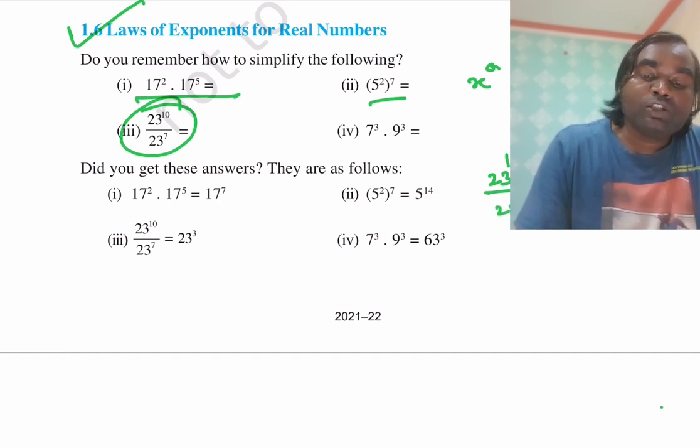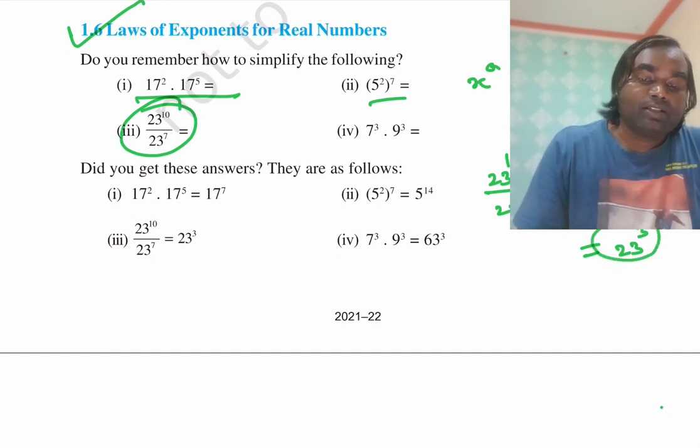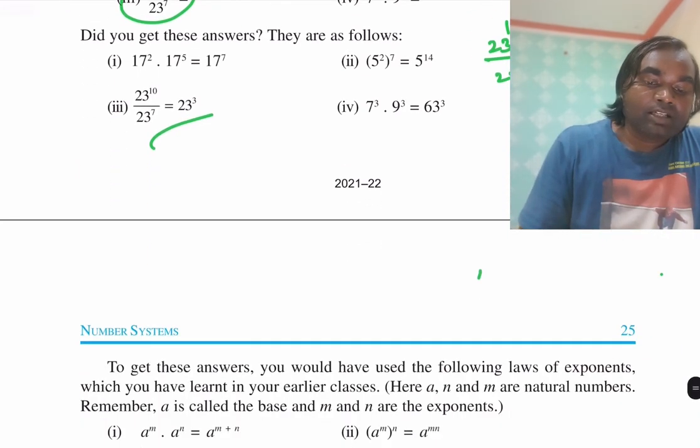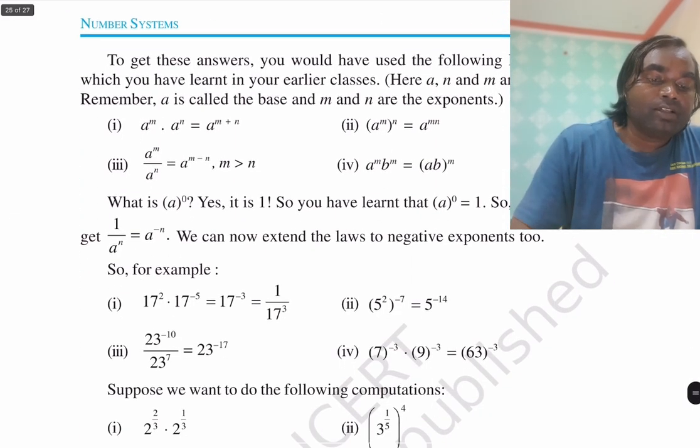If you bring the denominator into the numerator, then you will get 23 to the power 10 minus 7, that is 23 to the power 3. So you will get the result here. Similarly you can do for another. Try to solve it. I will help if you are getting any difficulties, inform me.